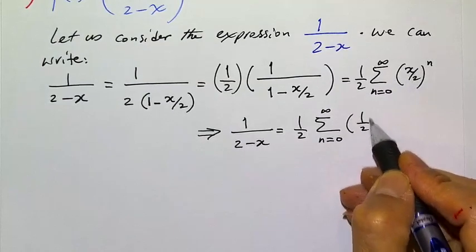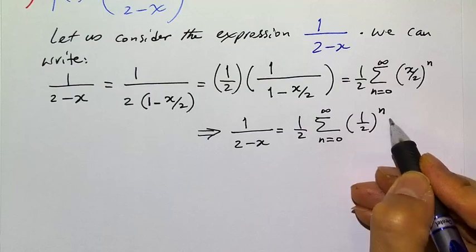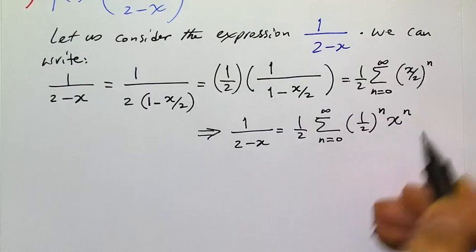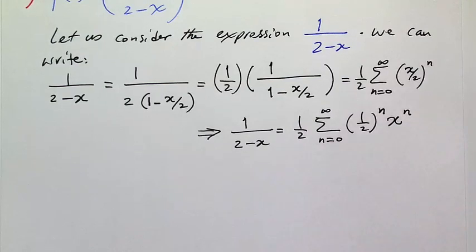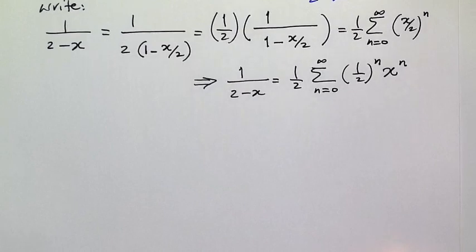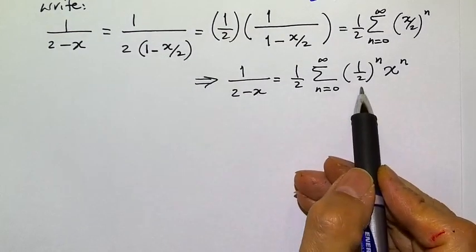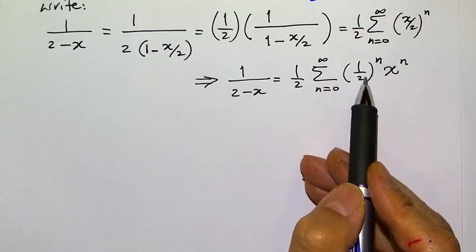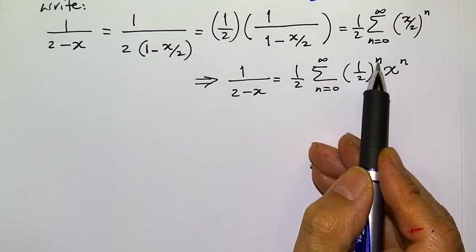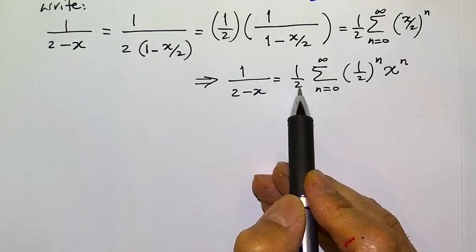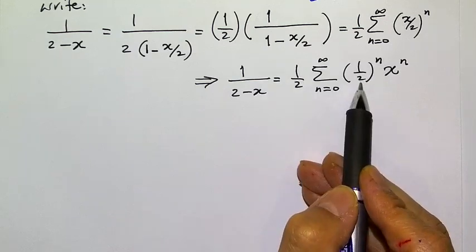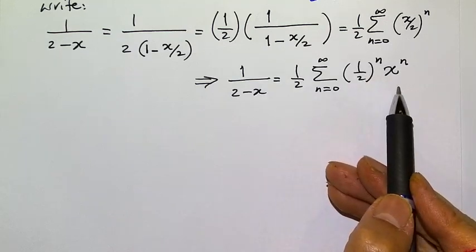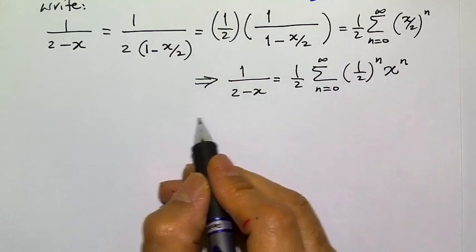But that one has a power n times x to the n power. Okay, like that. Now this 1/2 to the n power gives us 1 over 2 to the n power. We have a 2 here. Let's combine this with that. We get 2 to the n plus 1 power.